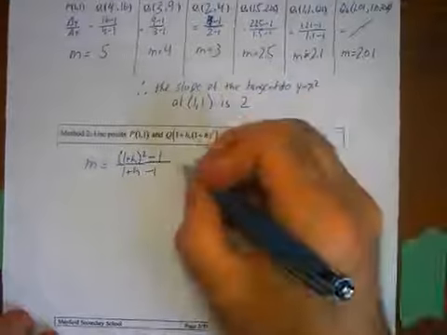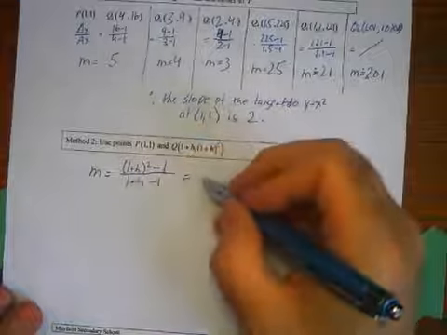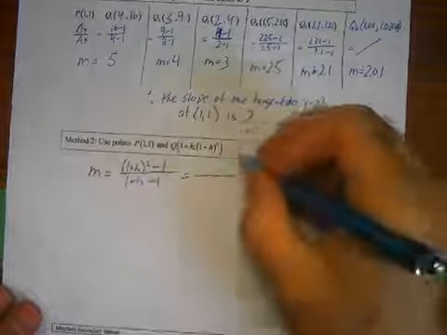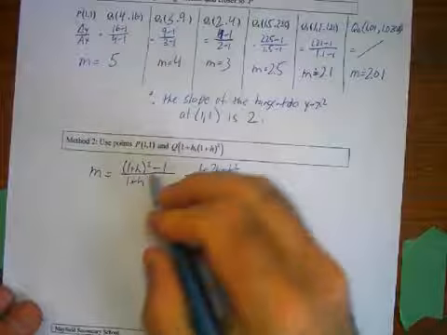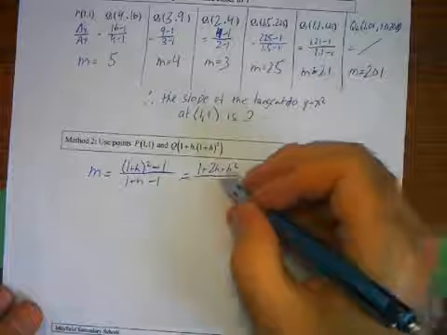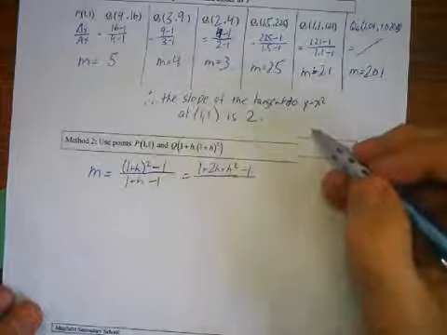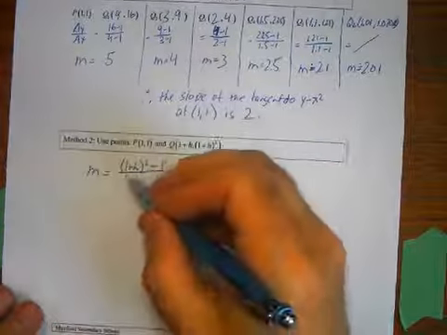So when I simplify this, on the top, don't forget this is not 1 plus h squared. This is 1 plus 2h plus h squared when you do your expanding, and then we subtract 1. Now in the bottom here, the 1 minus 1 cancel each other out, so I just get h.